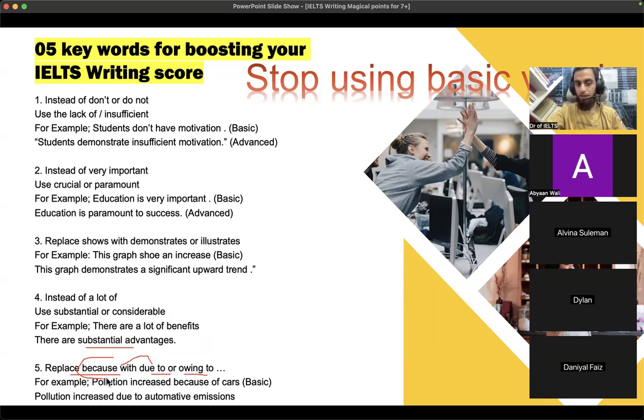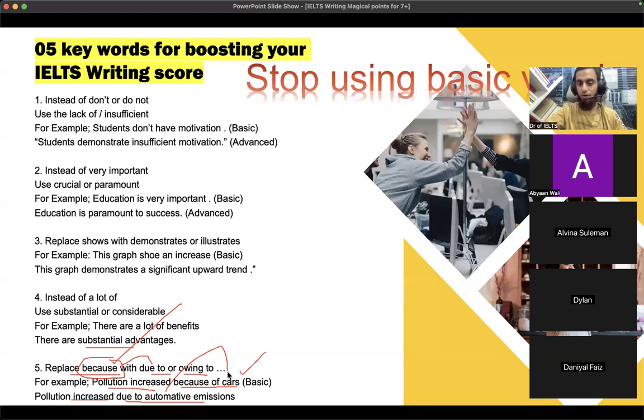So next word, don't use because. Sometimes while closing a paragraph or writing an example, students take help by using the word because. For example, "Pollution increased because of cars." It's basic. "Pollution increased due to the fact of automotive emissions."